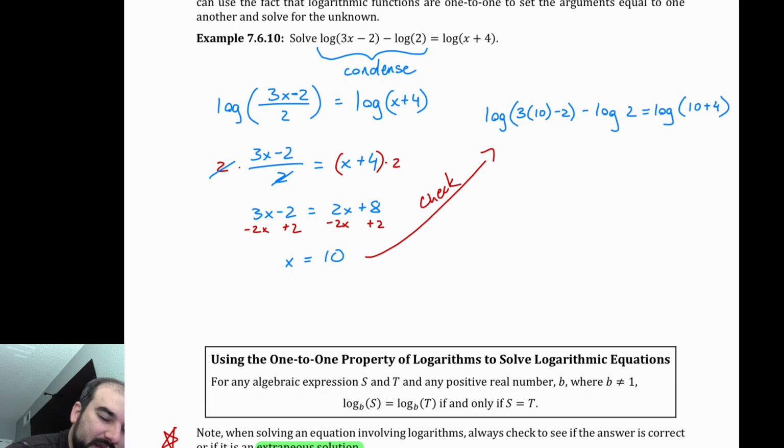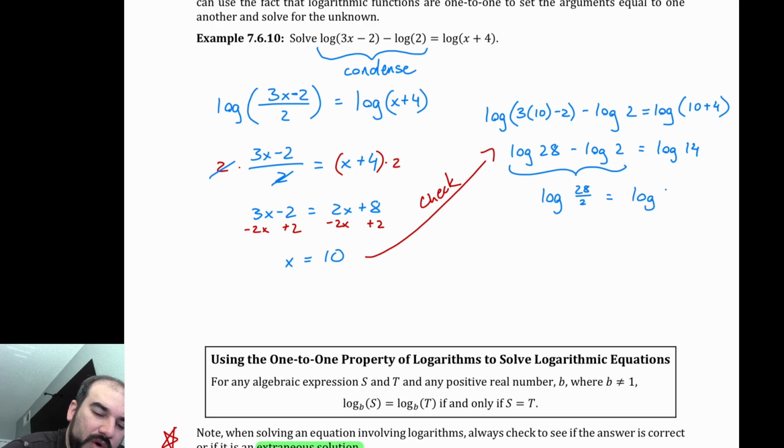3 times 10 is 30, minus 2 is 28, so I get log of 28 minus log of 2 equals log of 14. Everything is good so far. These are all positive numbers inside of the logs, so I'm feeling pretty confident about the answer of 10 here, but let's just go ahead and condense these two into a log of 28 divided by 2 equals log of 14.